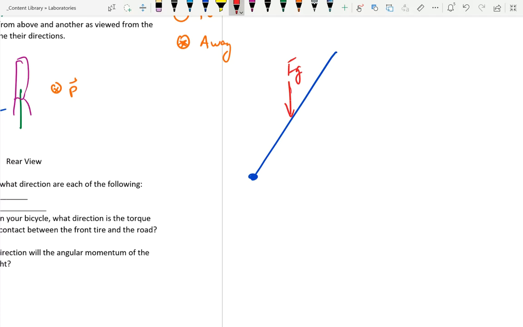Index finger has to point the direction of R. I'll draw the R on here. So index finger is pointing this way. Keeping it pointing that way, I rotate my hand so I can bend my middle finger in the direction of force. My thumb is pointing in, and since this is the rear view, in means forward.